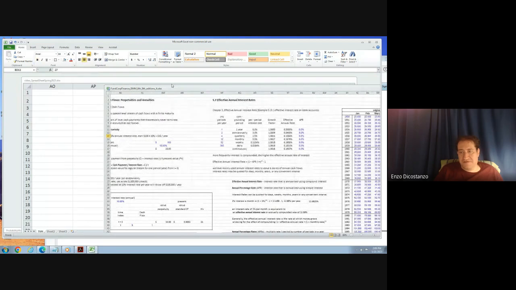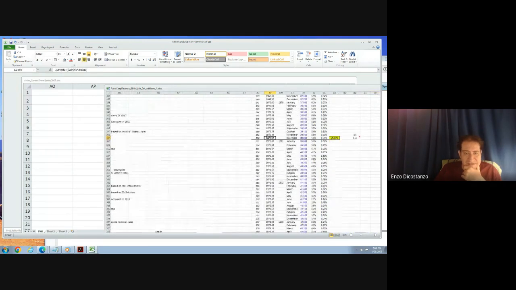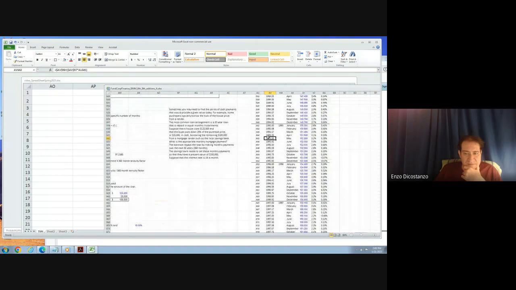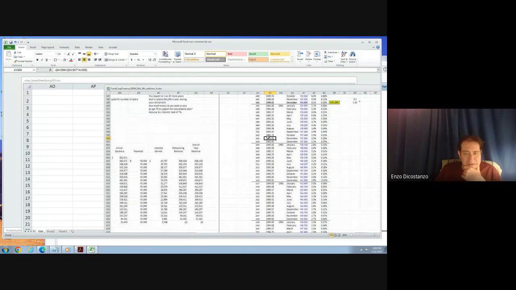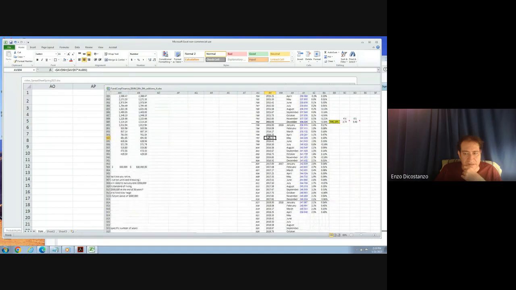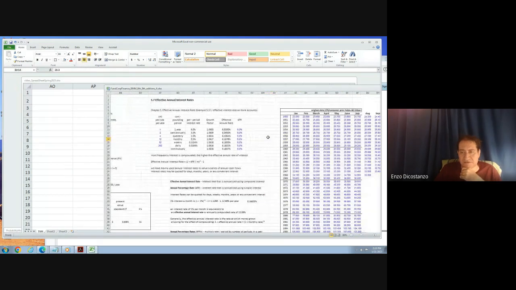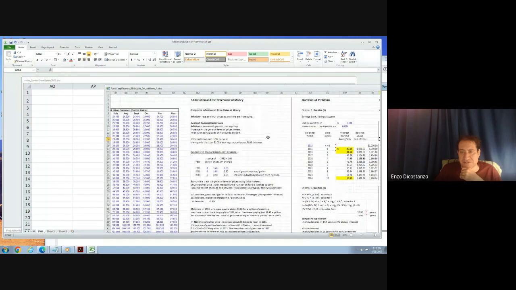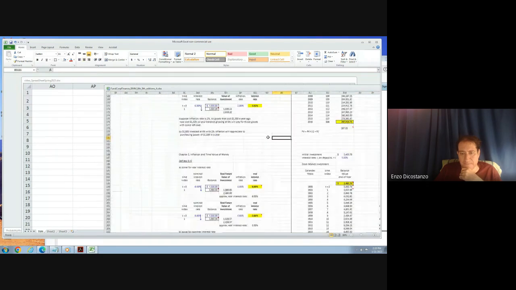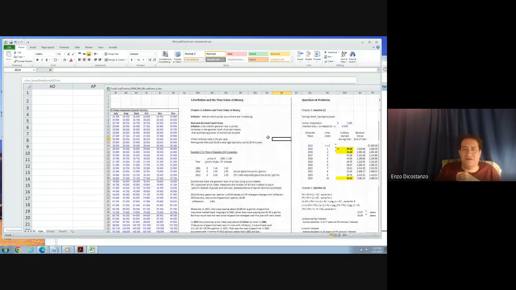So we have the effective here. That will start next time. We have the CPI, a little bit of the CPI. We'll spend some time with this. This is all CPI next, and then we'll do inflation. I think we have two more of these, and then we can start some of the problems. Okay, good enough.